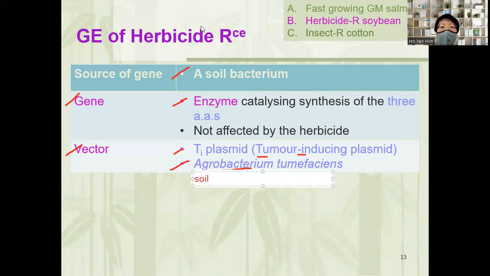And it's also called tumefaciens, because this soil bacterium naturally infects the cells in the wound of the root of the plant, and then it can cause tumor formation in that area. So that's why it's called Agrobacterium tumefaciens. It causes tumor formation of the plant in those areas where it's infected by this bacterium.